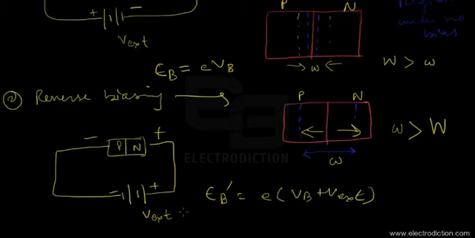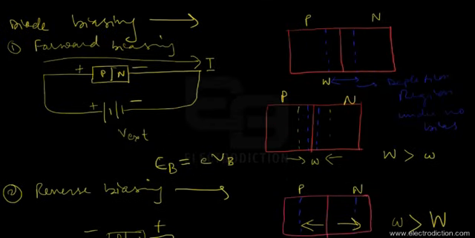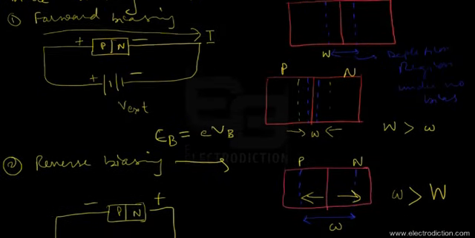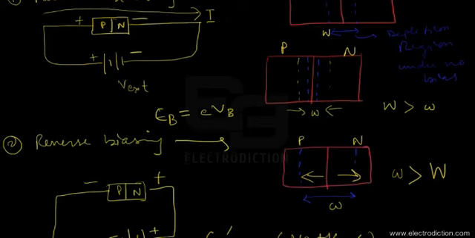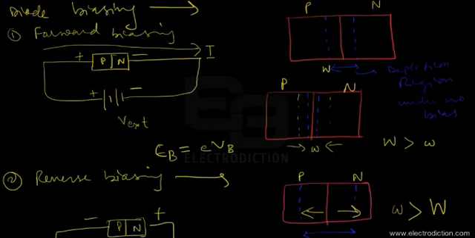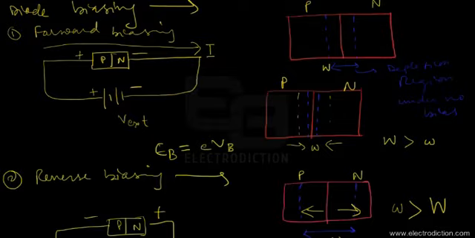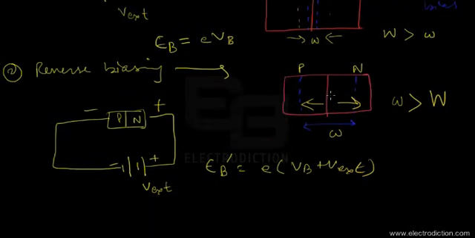So based on these two types of biasing modes, we can say that the diode under forward biasing condition is able to conduct a current. So a net current flows through the diode from the P side to the N side under forward biasing condition, while under reverse biasing condition very little or no current flows through the diode.